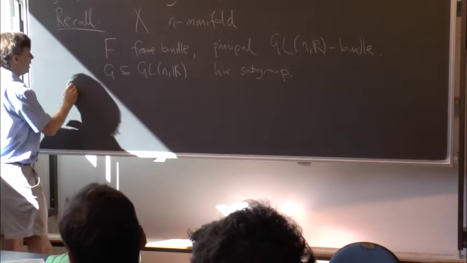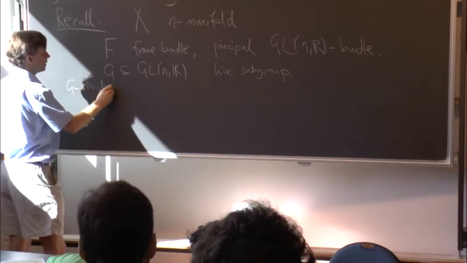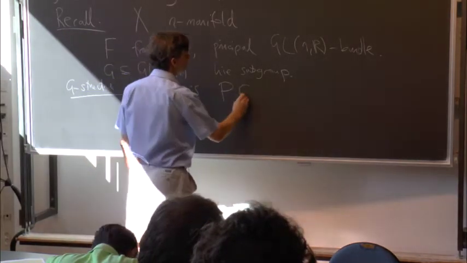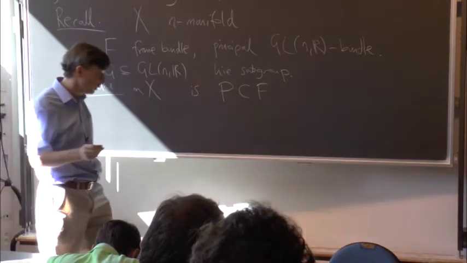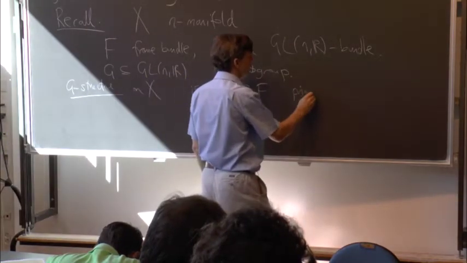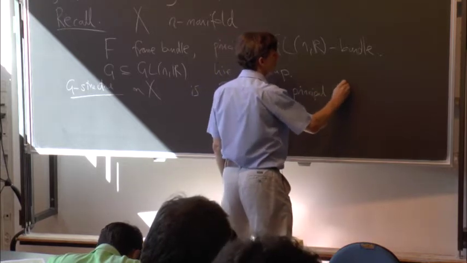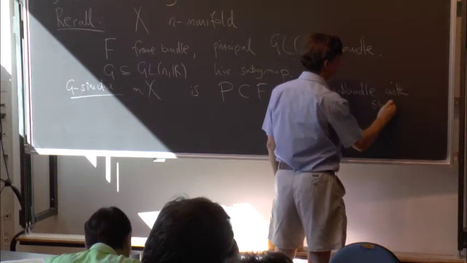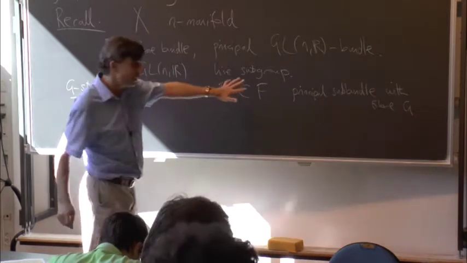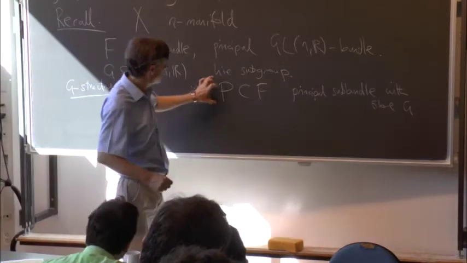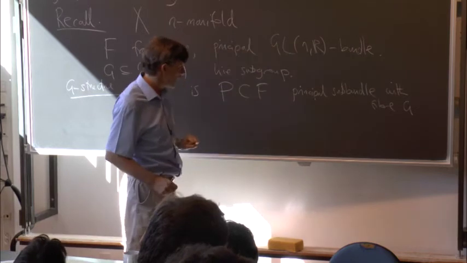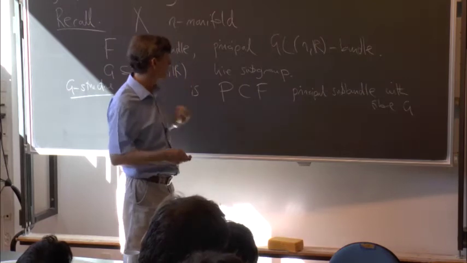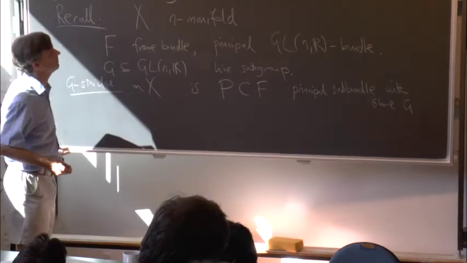Then a G-structure on X is some P contained in F, which is a principal subbundle with fibre G. That is, P is an embedded submanifold of F. It's fixed under the G action on F induced by the GL(n,R) action, and then the G action on P and the map down to X make it into a principal G-bundle. That's what I mean by a G-structure.